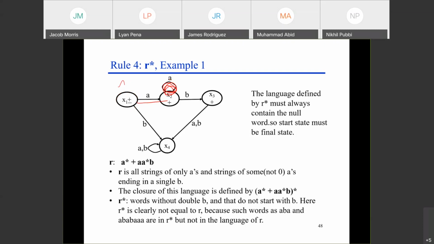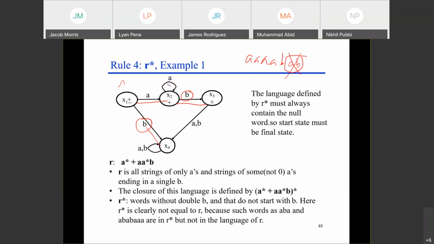It can accept a word which ends with b because of this. It will never accept a word which starts with b. You see, when it goes here, there is no way for it to come out from this state. And when you have one b, after that, if you provide either one a or one b or anything, it will not accept that. Okay, so this is this language.